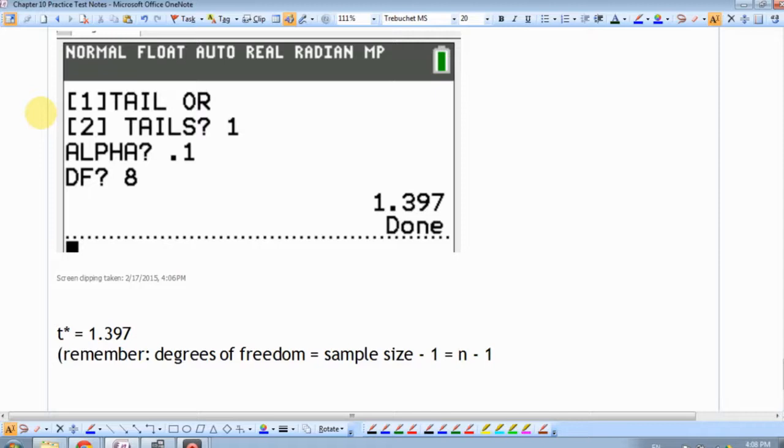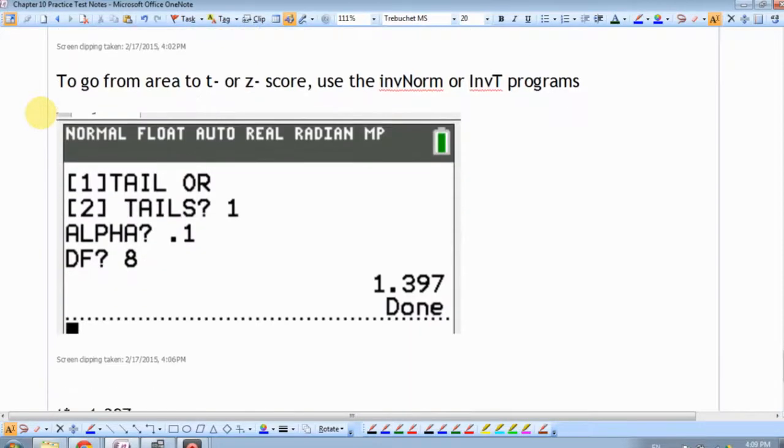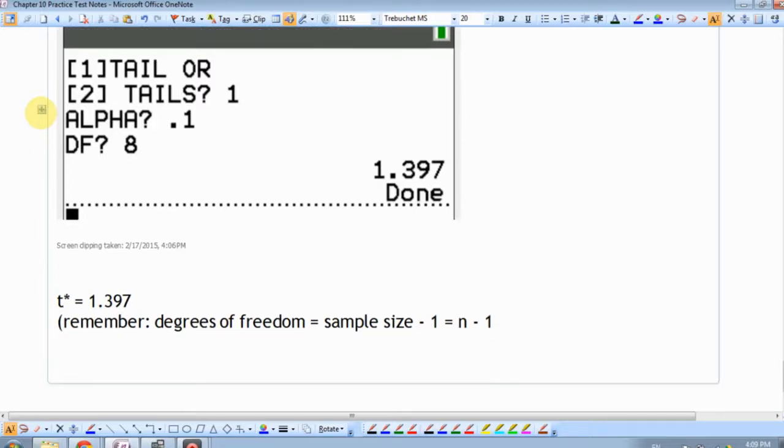So in this case, if I got a T star that's greater than 1.397, let's say I got 1.62, then I would reject the null hypothesis, because it has to be greater than the critical value. In this case, it was 10%, because it's 0.10.